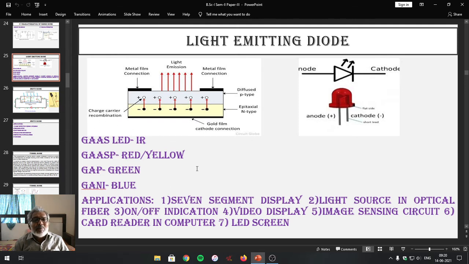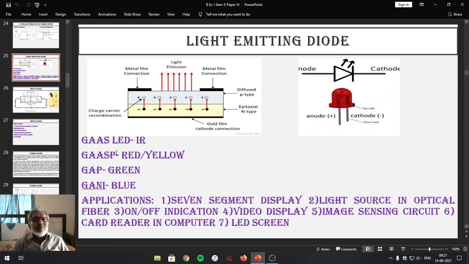Friends, these are the material compositions used for the different colored wavelengths of light to be emitted. If it is gallium arsenide composition in the LED, it emits IR radiation. IR radiation means it is in the non-visible range.